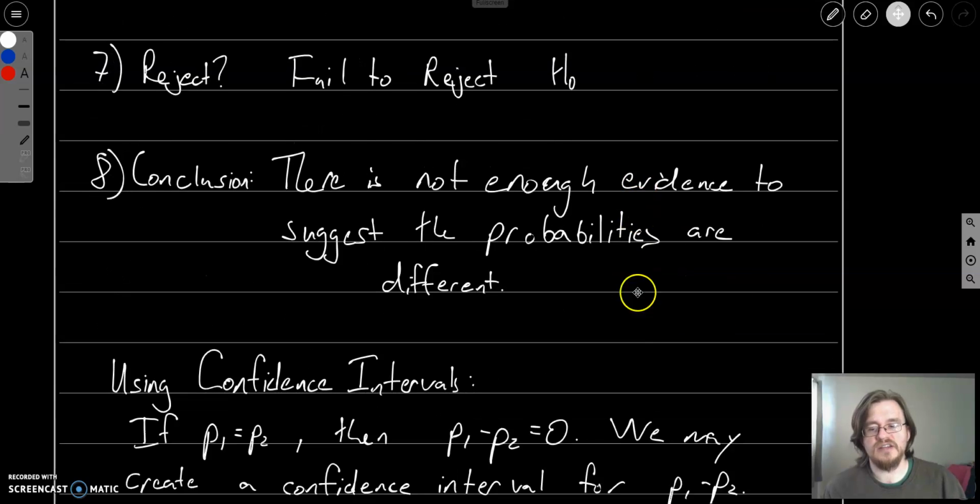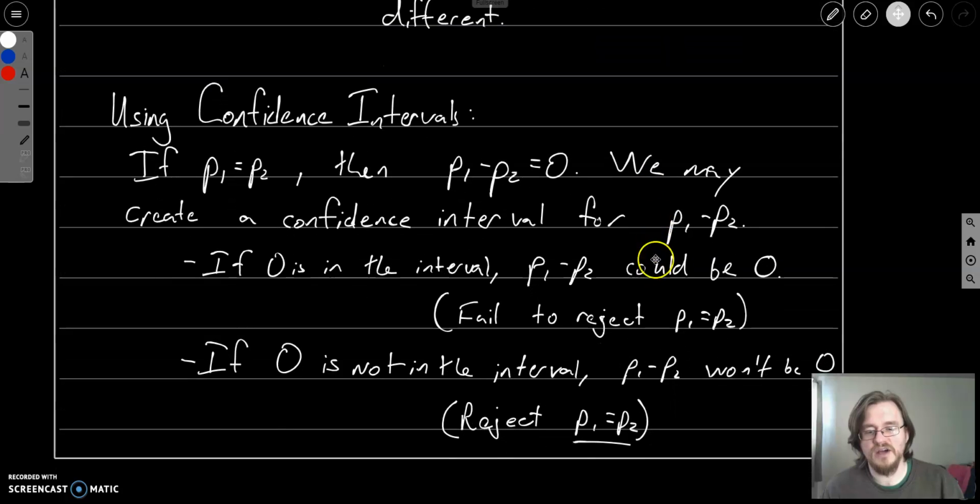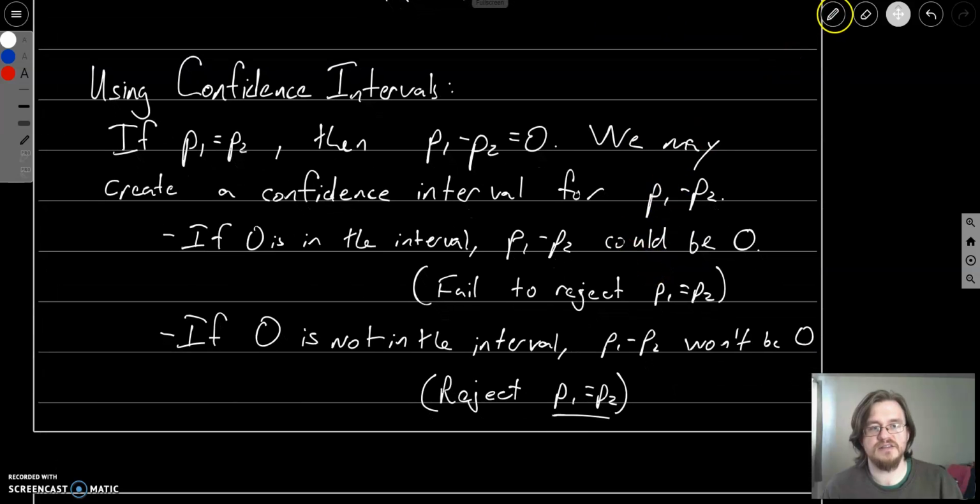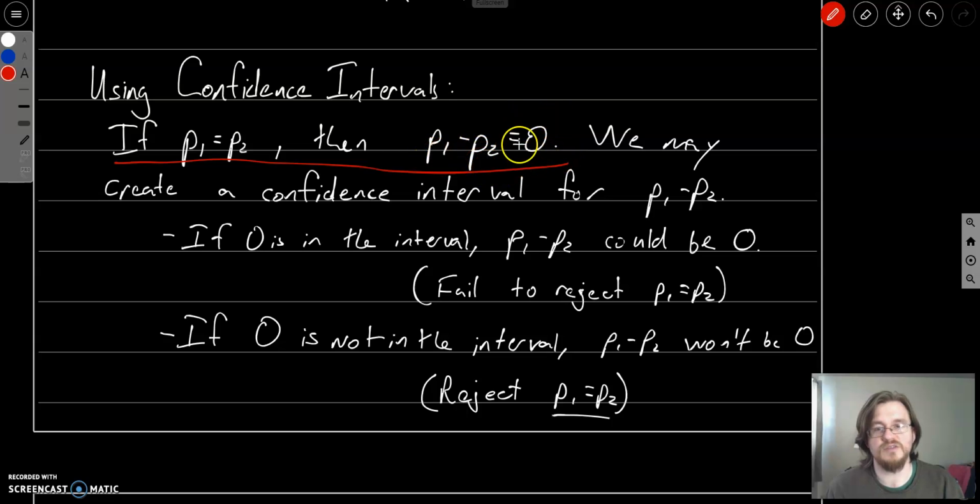So this is using our test statistic, but we can also use confidence intervals to test the difference in proportions. The first sentence is essentially the most important one. If P1 and P2 are in fact equal to one another, then P1 minus P2 should be equal to 0. Their difference should be 0. So what we'll do is create a confidence interval for P1 minus P2.